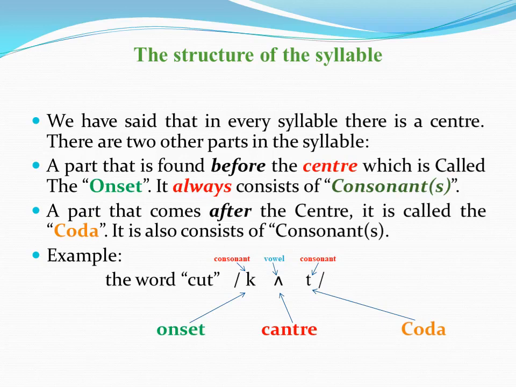But when we speak, we do not speak in vowels only. We use vowels and consonants. So, the center is one part of the syllable, but we can find two other parts in the syllable. First, we have a part which is found before the center.